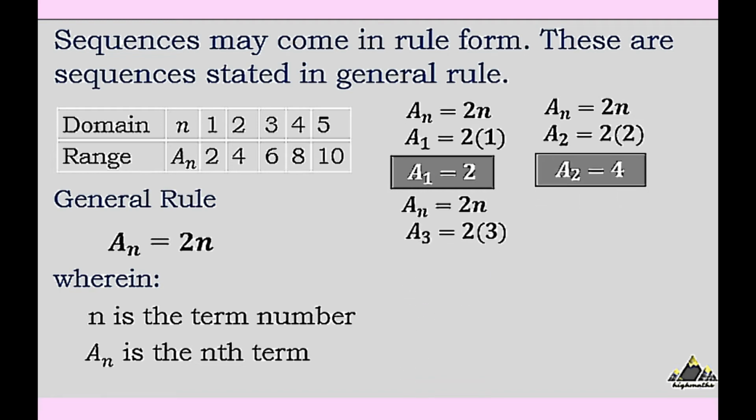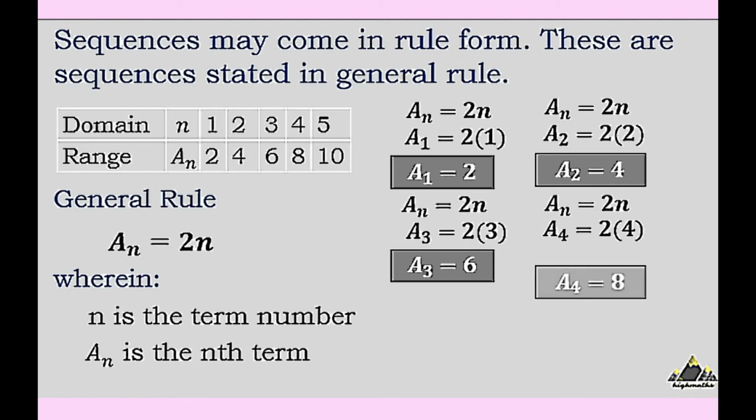If we are to look for the third term, we substitute 3 to the variable n. So we have a sub 3 equals 2 times 3, which we obtain 6. Our third term is 6. Our fourth term, substituting 4 to the variable n, we have a sub 4 equals 2 times 4, and we obtain 8.